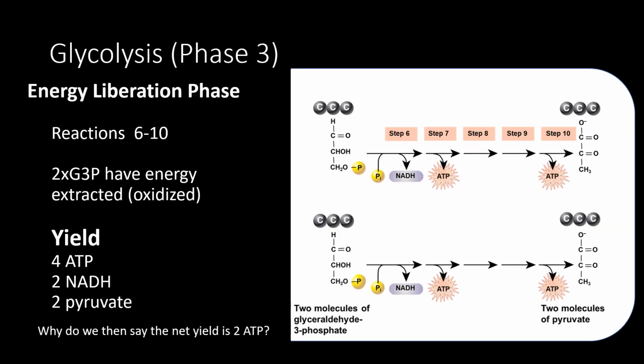The last phase of glycolysis consists of a series of 5 chemical reactions, steps 6 through 10, in which we now take that G3P and, in what is essentially a reverse of the photosynthesis pathway, extract the energy back out. Okay, so if you remember, we had G3P, right?